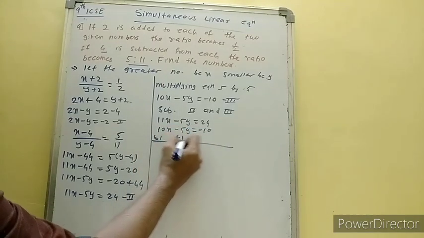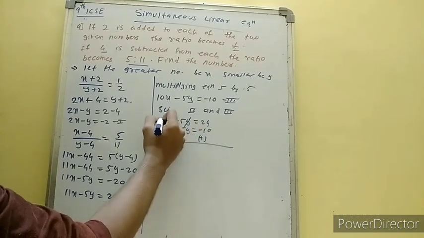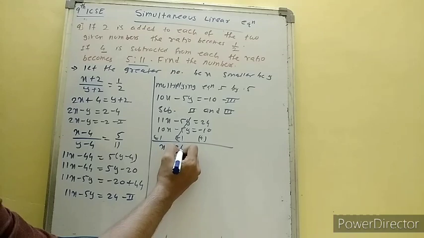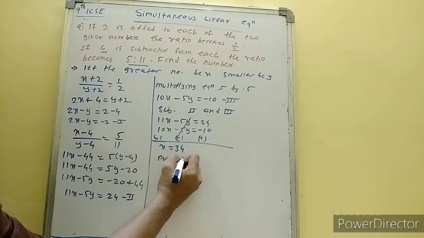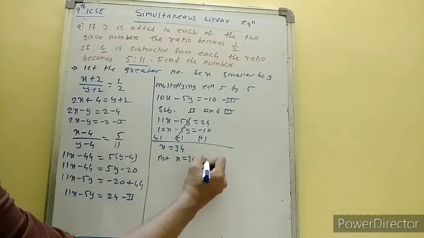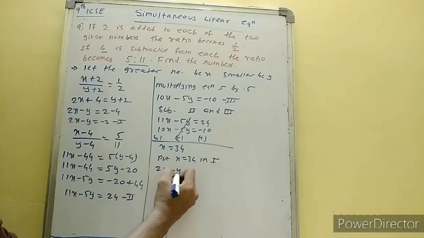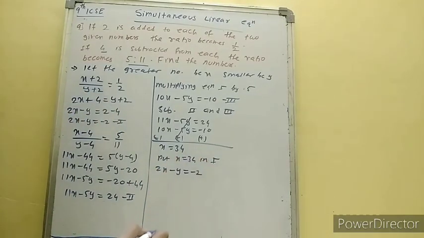So the sign will change. This gets cancelled. 11x minus 10x is x, and 24 plus 10 is 34. Put x is equal to 34 in 1. So 1 is 2x minus y is equal to minus 2. So 2 into 34 minus y is equal to minus 2.